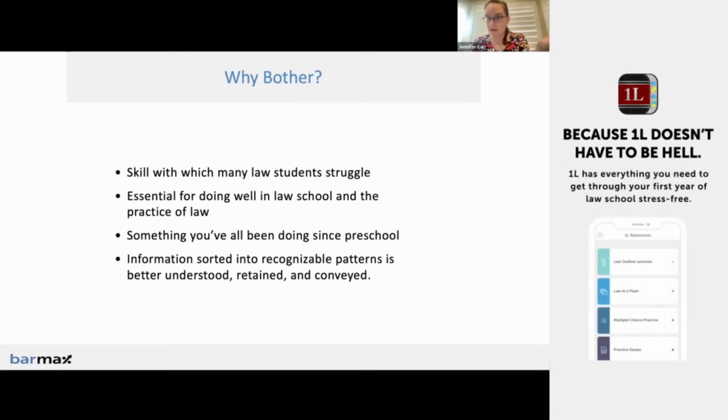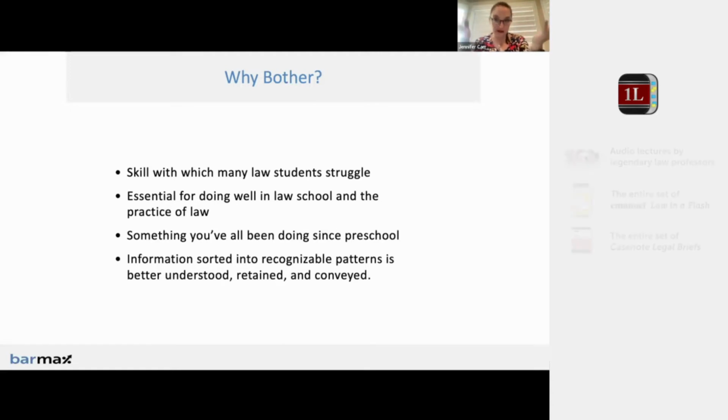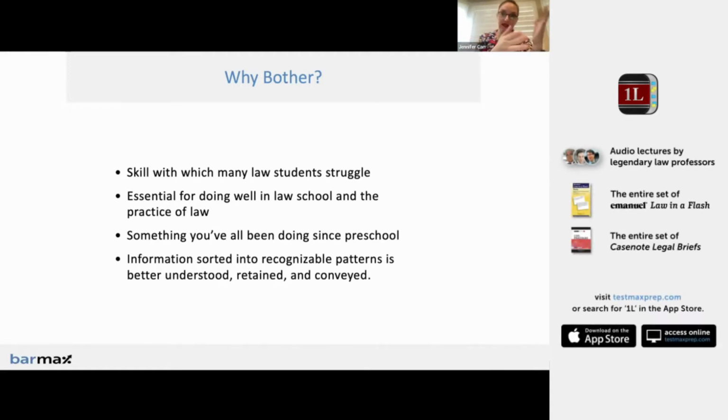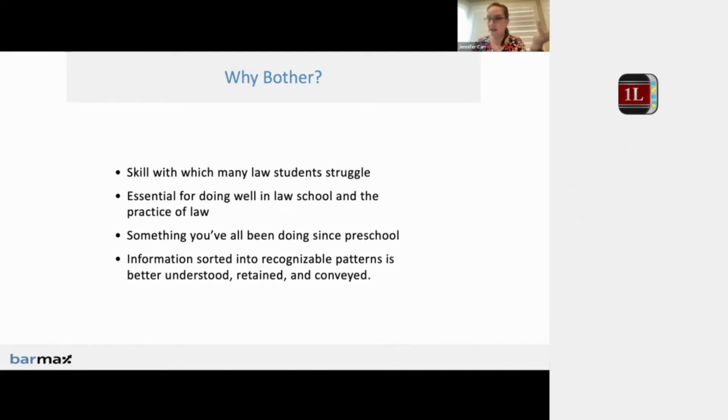We do that because chunking it in that way makes it easier to remember. If we can attach meaning to it, like my area code is 702 because when I first got my phone I lived in Vegas, it sticks with us.